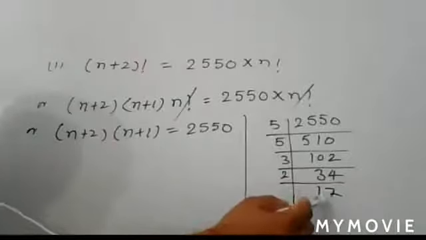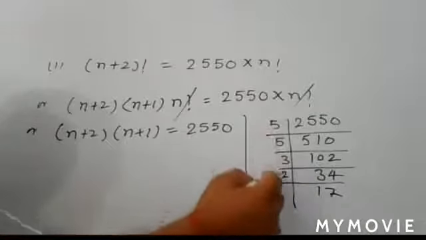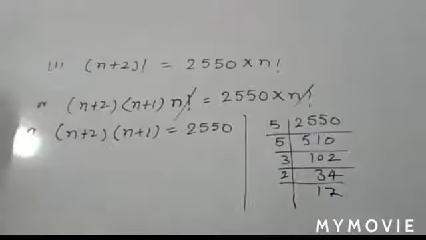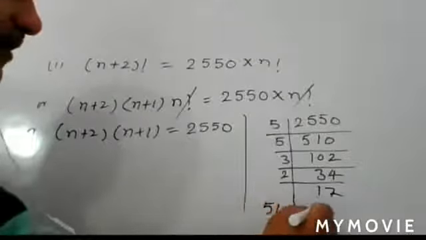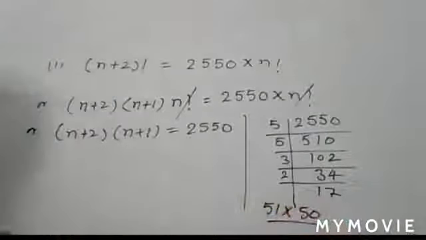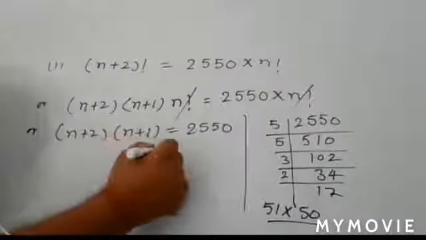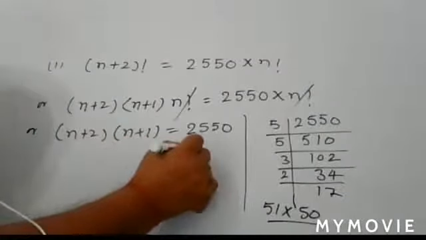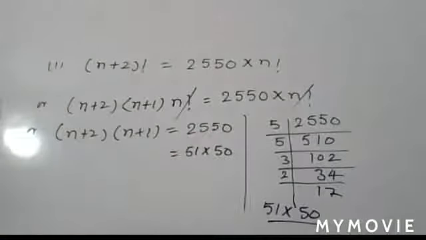So if you multiply 17 into 3, you have 51, and 25 into 2 is 50. In this way, just check it. Here you have 51 into 50, and the difference between these two factors is equal to 1. So you can write it as 51 into 50.